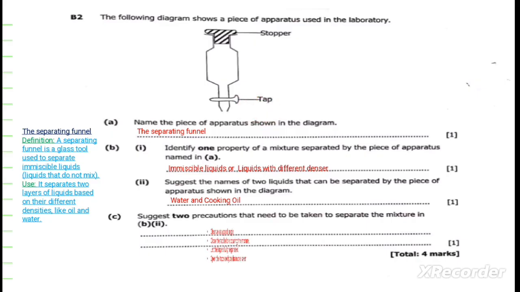So we have these precautions. Number 1, observe at a good angle. You have to observe the difference between the 2 layers. You have to wait until the layers have formed. Alright. Number 2, close the tap before putting in the mixture.